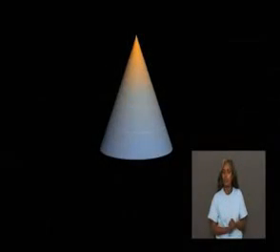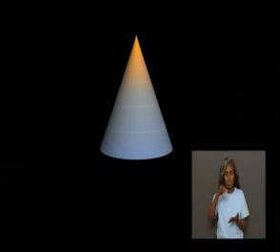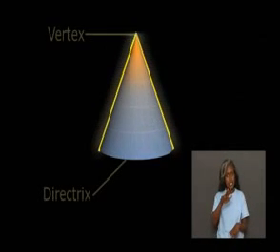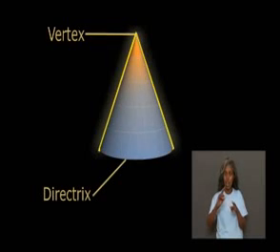To start, we will review the definition of a cone. A cone is a basic geometrical shape. Simply stated, it is a three-dimensional object that has a round base and a pointed top.